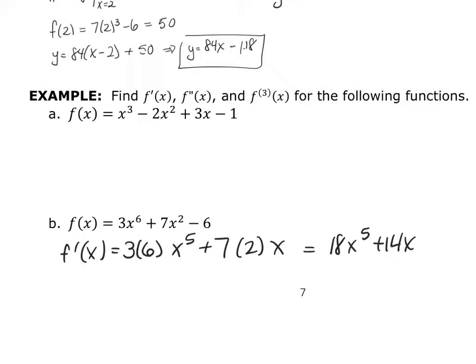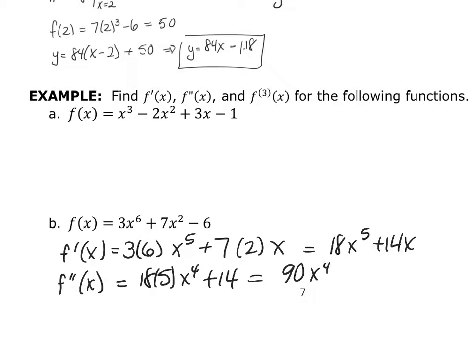That's my first derivative. My second derivative is just the derivative of that. So f double prime of x is going to be 18 multiplied by 5, x to the 4th, plus 14. 18 times 5? 90. So this is going to be 90x to the 4th plus 14. f triple prime of x is just the derivative of that.